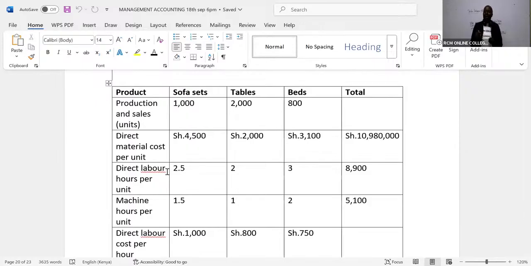If they say this is labor hours per unit, then I must multiply with the total number of units. So this one will be equal to, for sofa sets, I can see labor hours are how many? 2.5, isn't it? Times how many sofa sets? 1,000 sofa sets. Plus some labor hours will be going to tables.